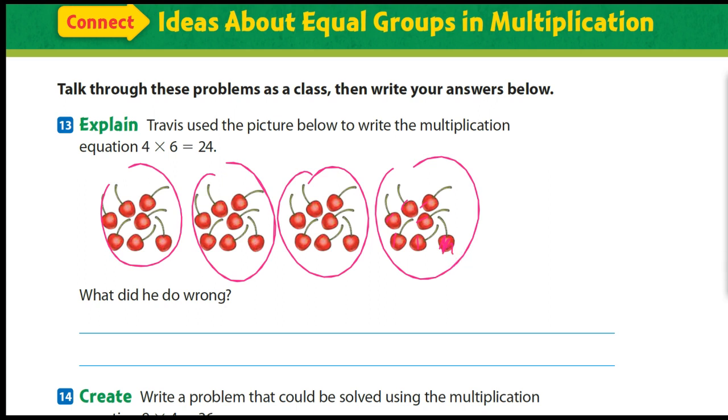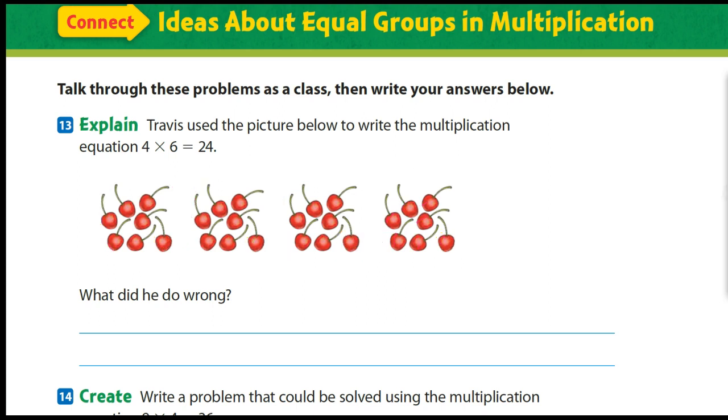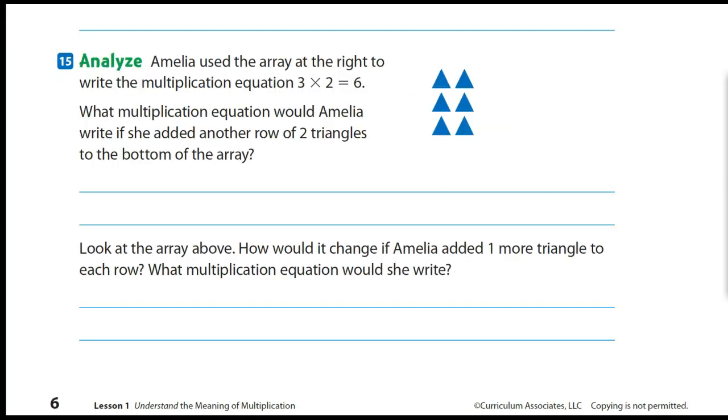He needs to take away one of these to make it 6. Then he would be correct. His equation would be correct. He would have 4 groups with 6 each. However, he doesn't have 6 each, does he? He has how many? 7.